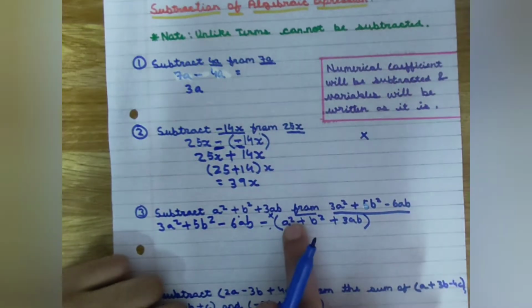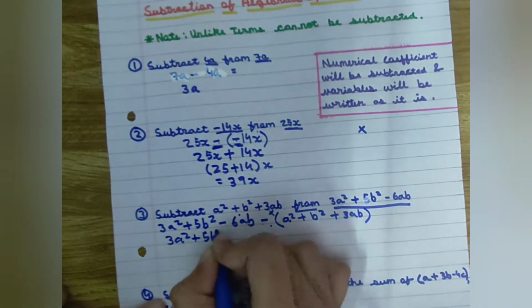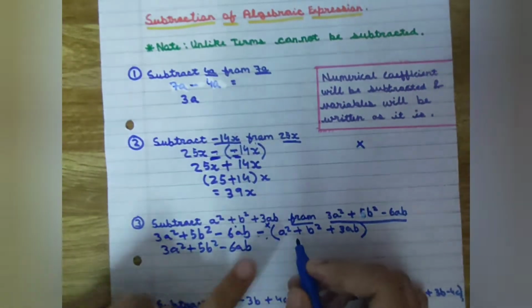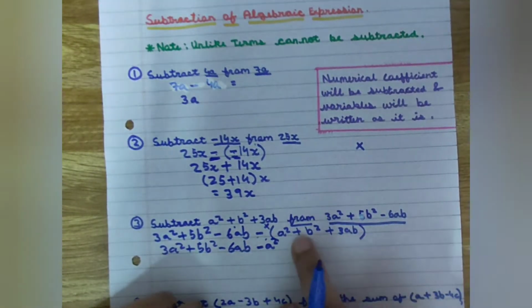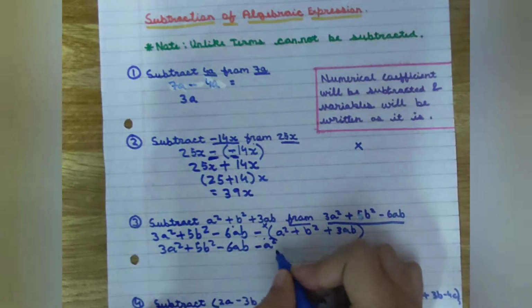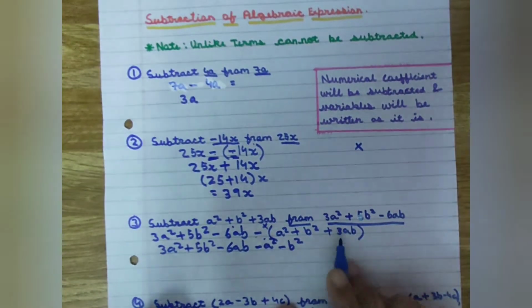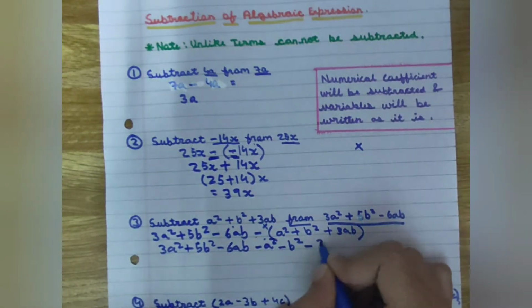So a square has a plus sign, and minus plus will be minus, so this will become minus a square. Plus b square has a positive sign, so minus plus becomes minus, and 3ab also has a positive sign, so minus plus becomes minus.